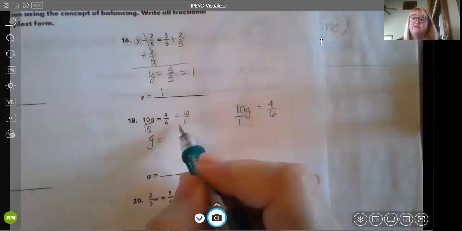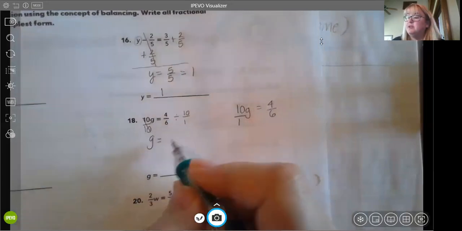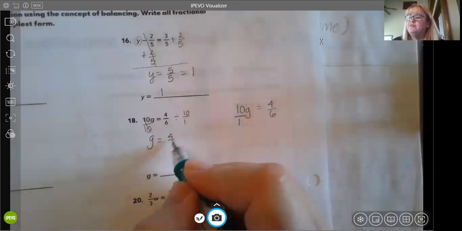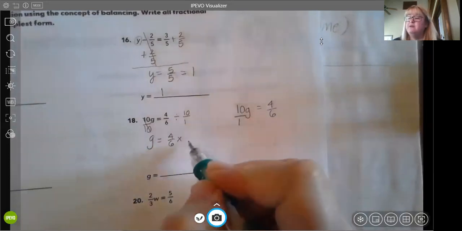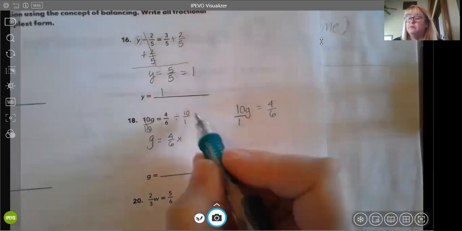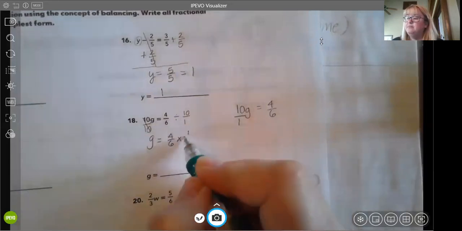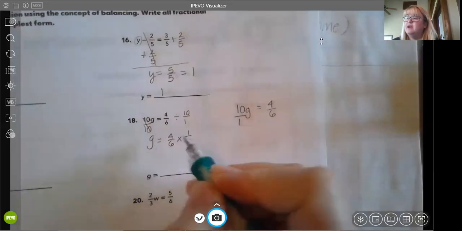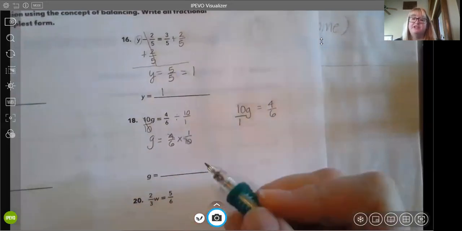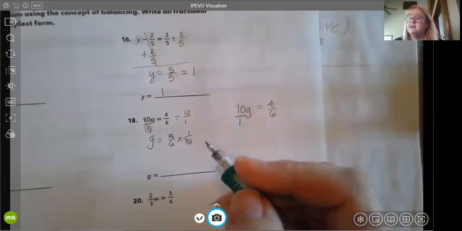Remember, we do not divide fractions. We change them to a multiplication problem. So we keep the first term, change the division sign to a multiplying, and then we flip the 10 over 1 to 1/10. Simplify where we can. 4 and 10 are both even. We can divide both by 2.